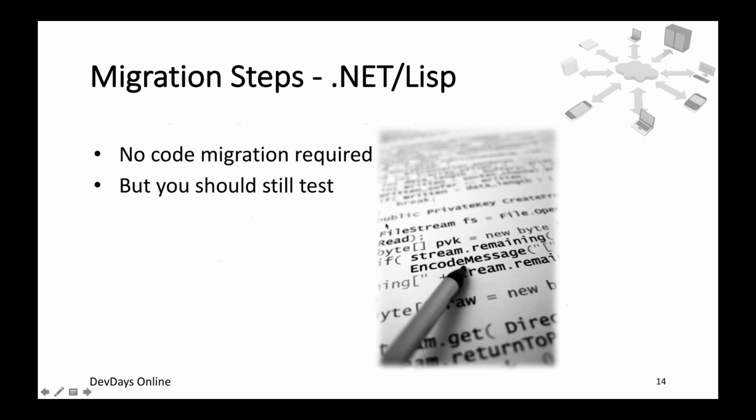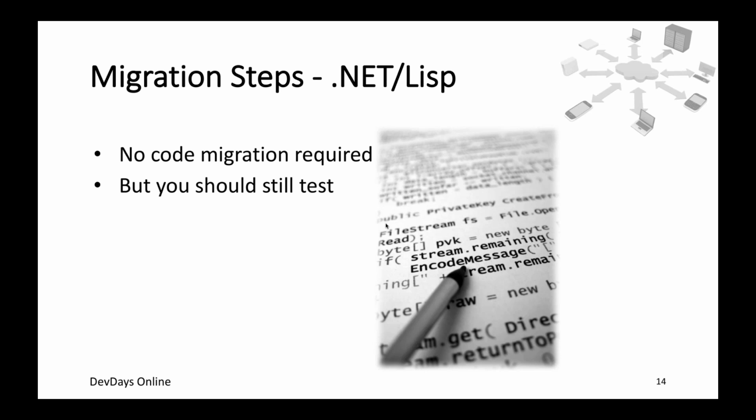And then we come to migration steps for .NET and Lisp. As I mentioned before, basically nothing is required. However, although we do our best to make sure that, say, a .NET application compiled for AutoCAD 2018 just works without having to be recompiled for 2019, you still need to check, because sometimes people make mistakes.